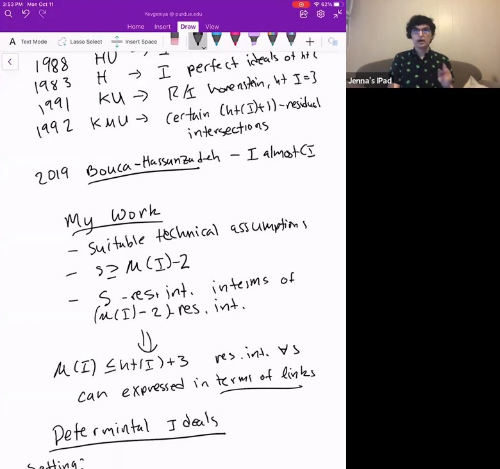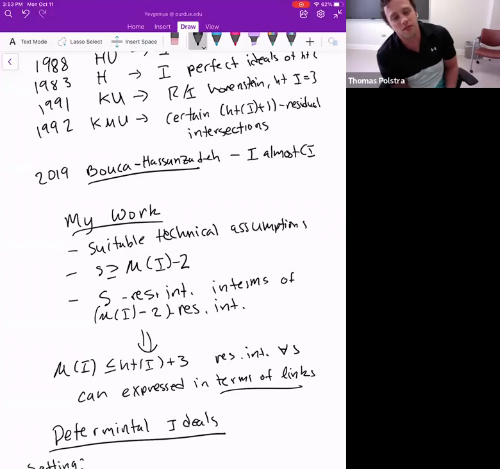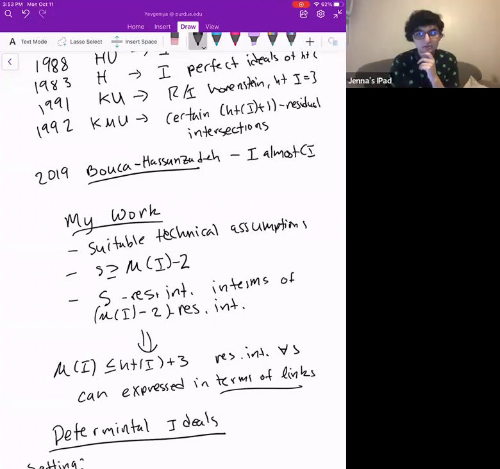And I can actually use their work to get parallel results to my work with slightly different technical assumptions and depth conditions. The difference is they require a stronger depth condition, but I require the GS condition. Regardless, this line of research is very recent, 2019.